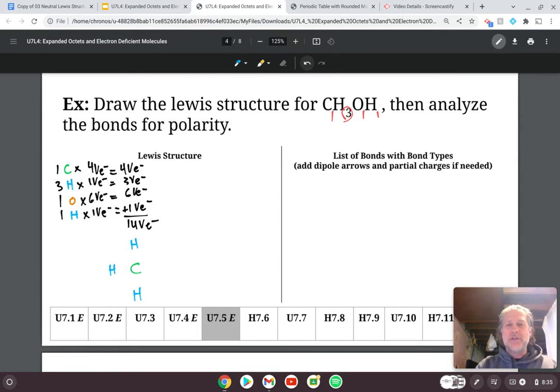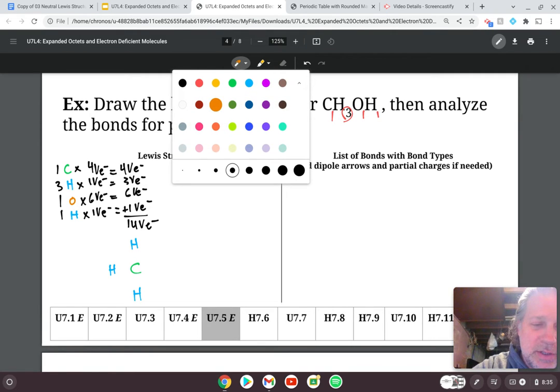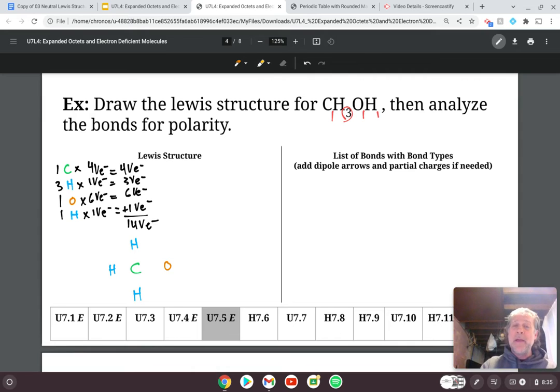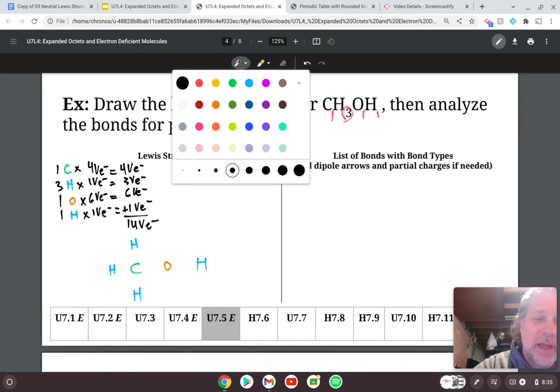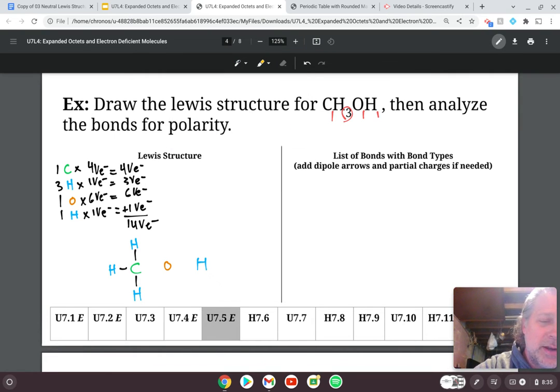So that's CH3 and then O. So what that also tells me is that my oxygen is bonded to the carbon, but it's also bonded to that remaining hydrogen. And some of this is going to come with a little bit of practice, but for the most part, that's kind of what we need to think about. Read the formula from left to right and draw it as best you can based on how it looks.